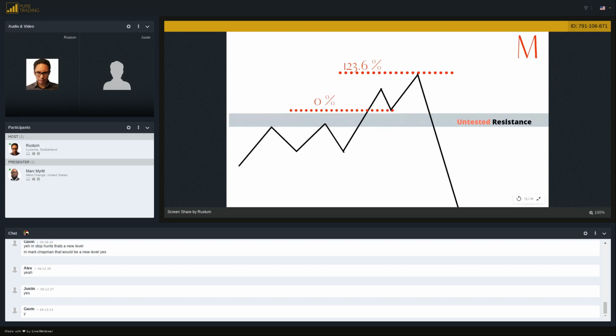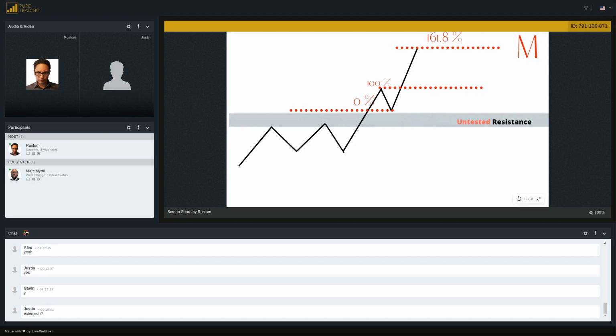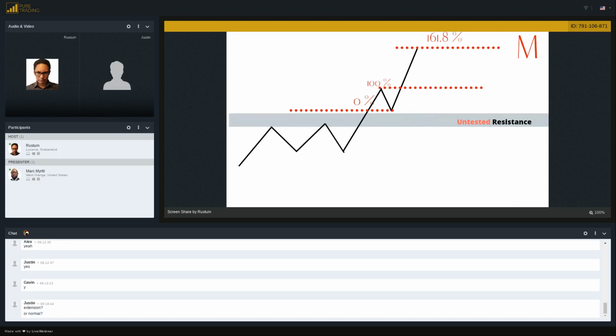So that's one of the Fibonacci qualifiers. It's like an extension, yes, but you're still using the same fib tool. You're not using the Fibonacci extension tool. I'll show you on the chart.